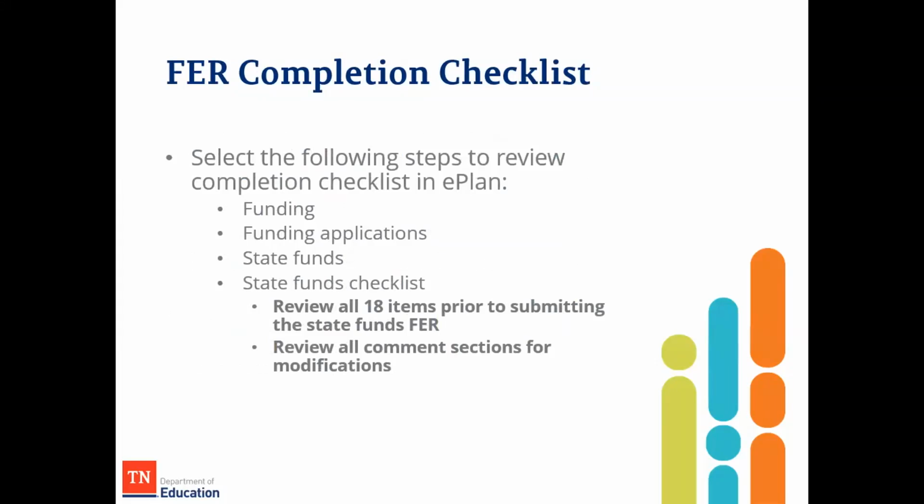If you go to funding applications, state funds checklist, you will see 18 items to review. They may not all apply to you, but please review these. And also, if this has already been submitted to the fiscal consultant and it's coming back to you again, please review this checklist. And any comments will be on this section's page for you to make any modifications necessary.